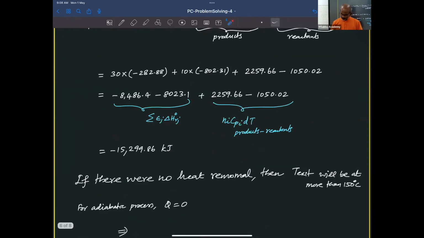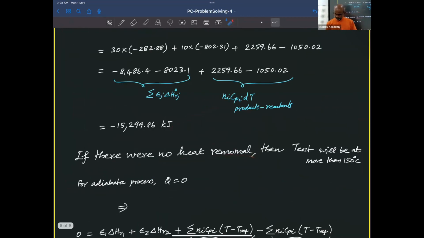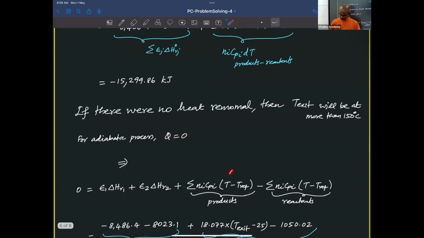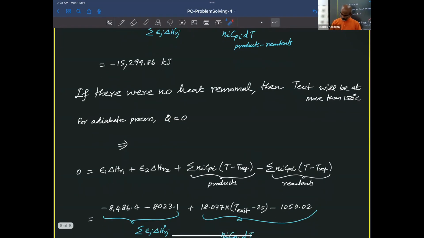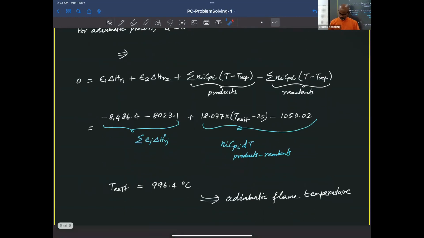So first, substitute everything. We got this value. If there were no heat removal, T exit will definitely be higher than 150 degrees Celsius, so that we are going to find. This sum of NiCpi for the products is available, and T minus T reference, where T is nothing but the exit temperature, is obtained by solving this.